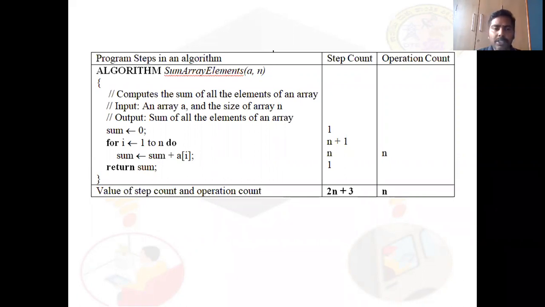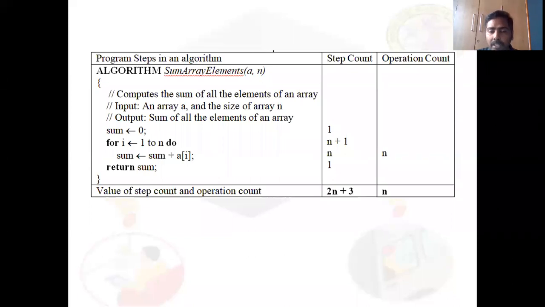Now, rather than considering step count, we go for something known as operation count. Let me tell you what operation count means. What is the objective of this problem? The algorithm computes the sum of all array elements. So the main operation here is addition. That is the basic operation of this algorithm. Rather than determining each and every step, we determine the particular step which is most time consuming.